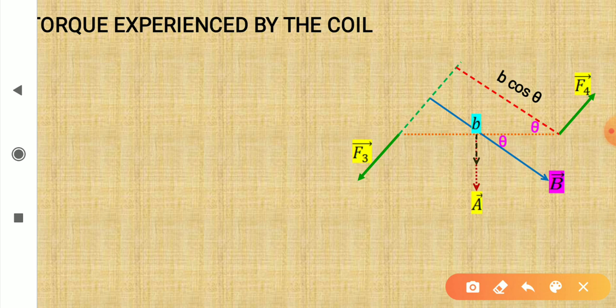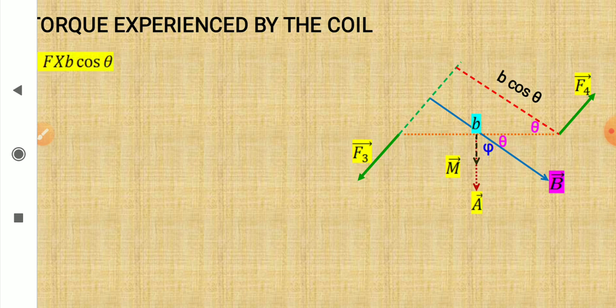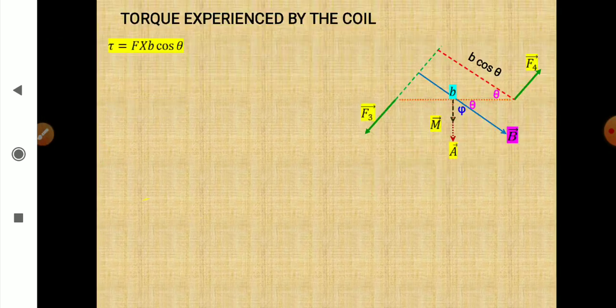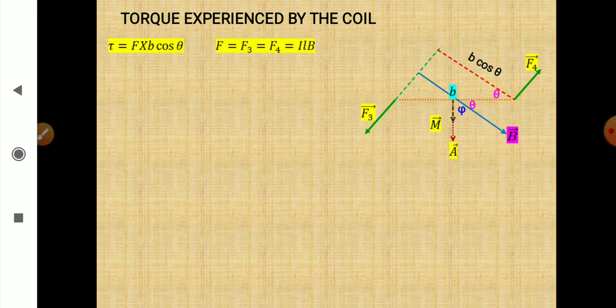See, it has magnitude equal to the area of the loop, and it is acting along the normal to the loop. तो एरिया वेक्टर उस लूप के एरिया के परपेंडिकुलर या नॉर्मल होगा, right? And we will define another vector M. I'll discuss that later. And this angle is phi, and let us discuss the calculation part.